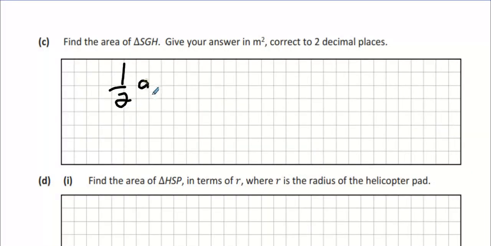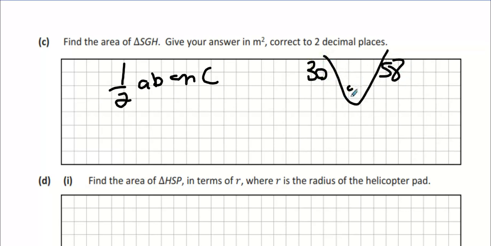So it's a half ab sine C, 30, 58, 68. And by using these numbers, you're not risking any mistakes from any other part of the question you might have done.